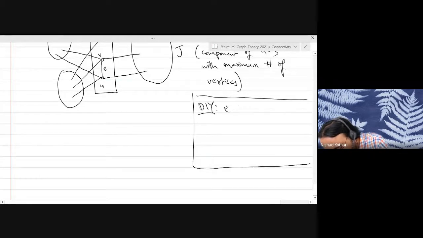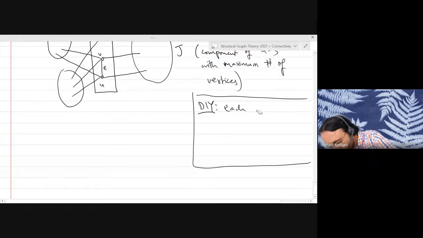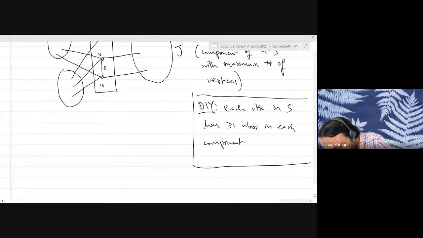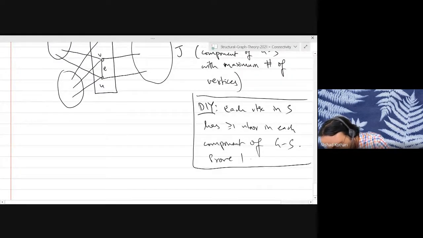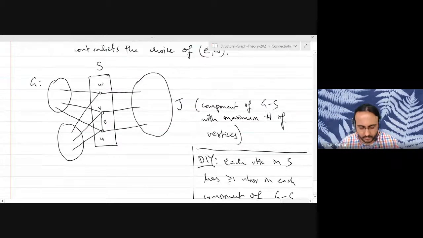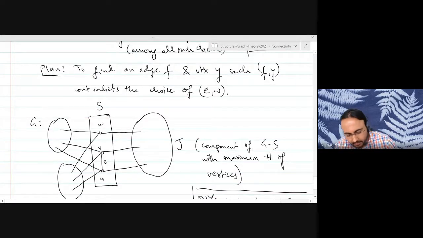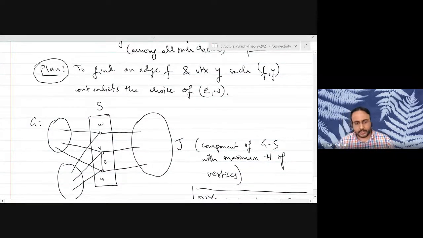Each vertex in S has at least one neighbor in each component of G minus S. Prove this. Are there any questions at this point? This is a point where we are going to execute our plan. But before we do that, are there any questions regarding the setup?